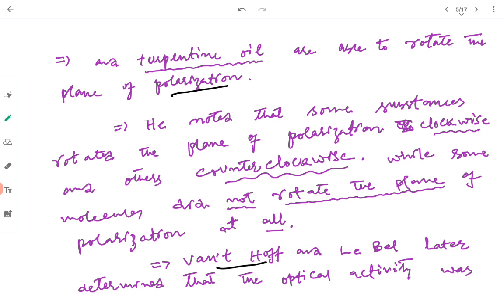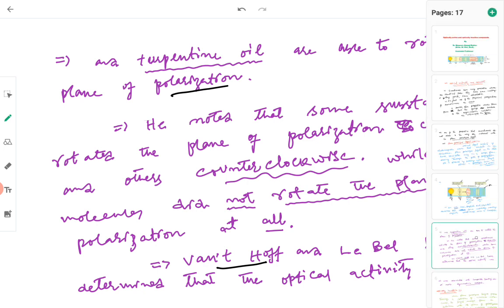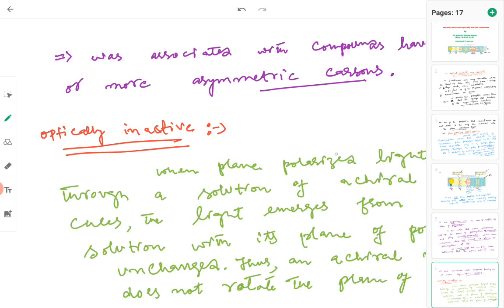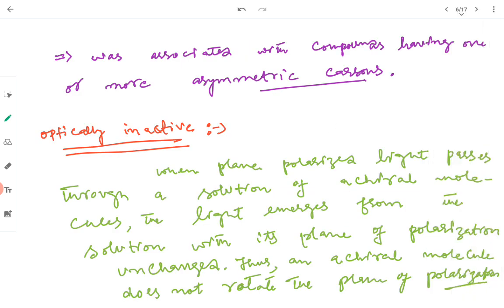Van't Hoff and Le Bel later determined that this optical activity was associated with compounds having one or more asymmetric carbons.